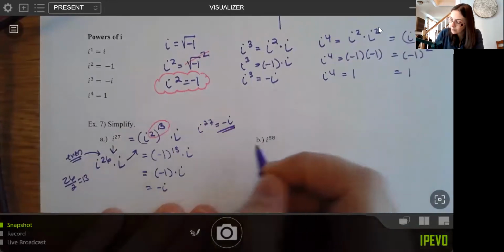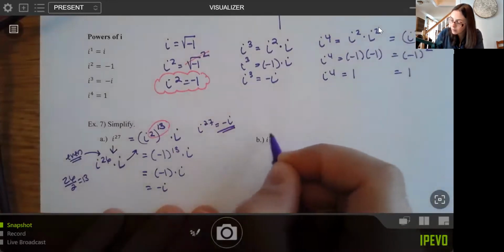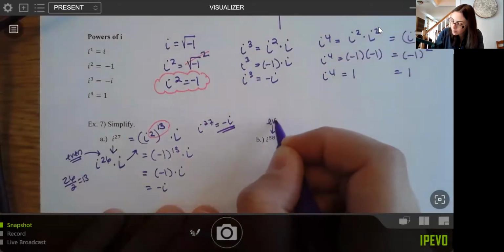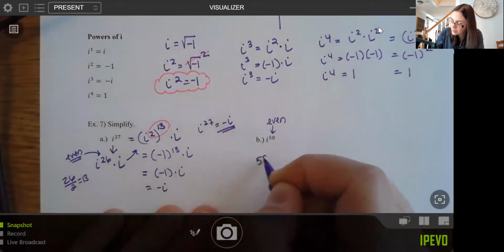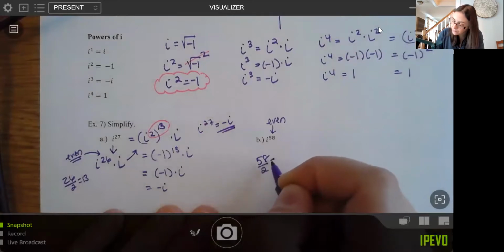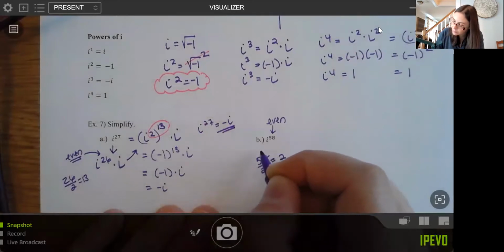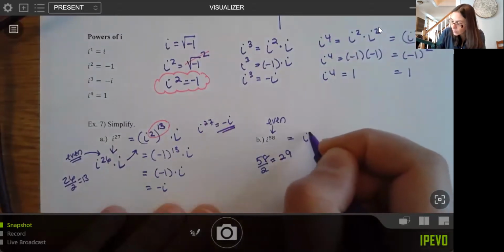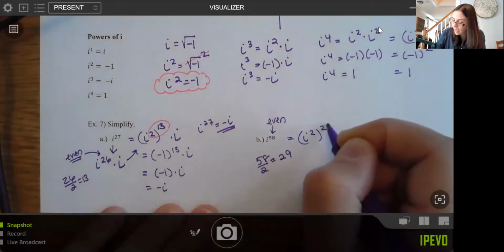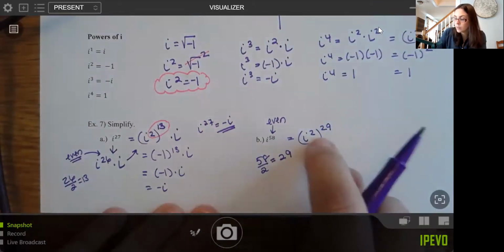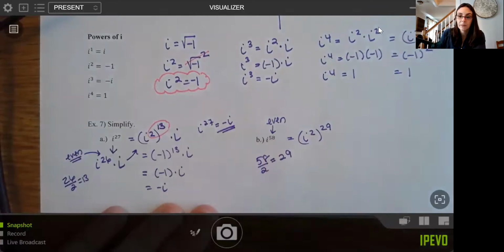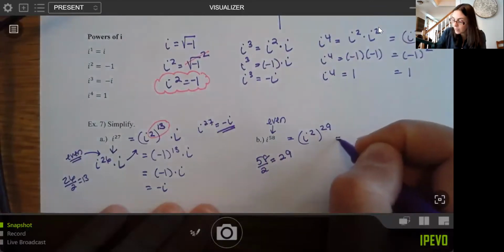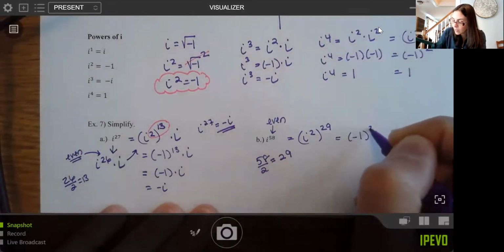So this one here is already even, and 58 divided by 2 is going to be 29. So this is the same thing as i squared to the 29th power, because 2 times 29 is 58. This becomes -1 to the 29th power.